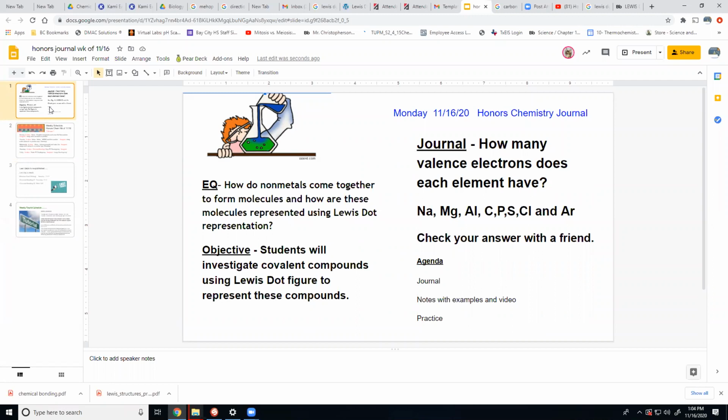So we're going to be using the notes that we've been working on over chemical bonding. If you look in your classroom, under notes, let's see if I can find it. So they're really fogging up today.